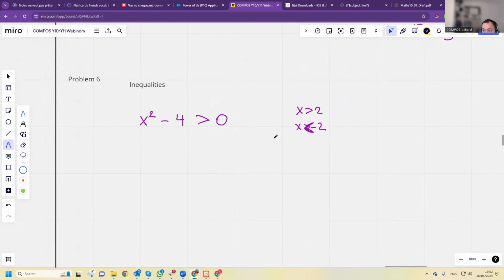So yes, greater than 2 or less than -2. And in maths, we can use a special symbol like this, which means or. So you don't have to use the word or. That is true. -2.